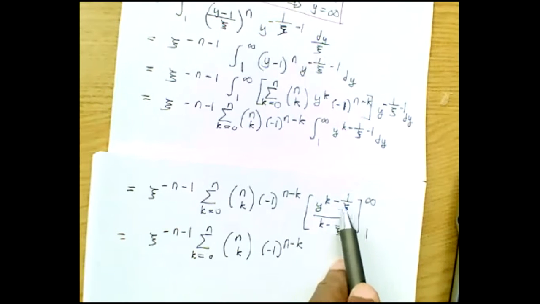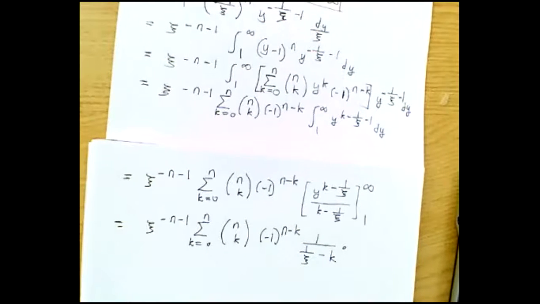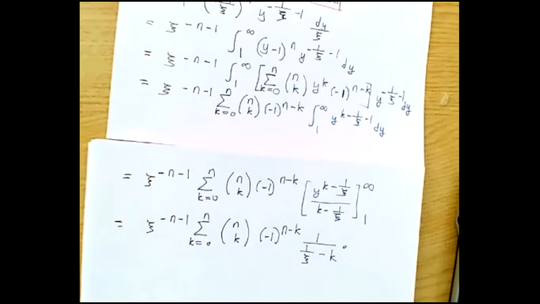Assuming that this is a negative number, this will simplify to 1 divided by (1 over psi minus k). So this is the expected value of x to the power n when psi is positive, right?